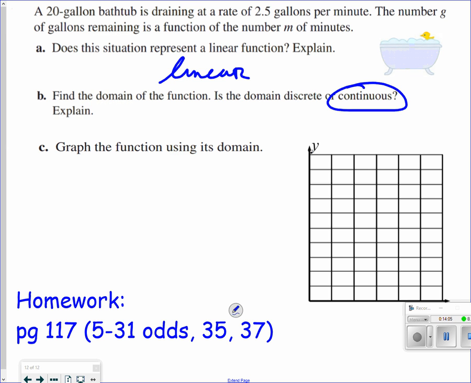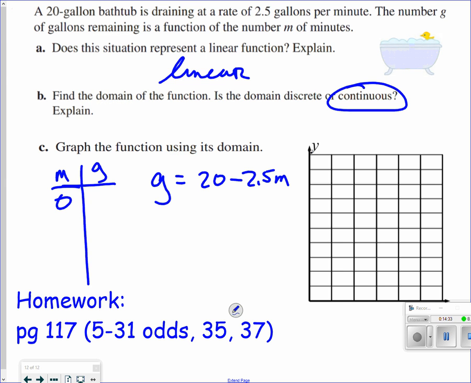So if I did a function here, we have a 20-gallon tank, 2.5 gallons per minute. So gallons in the tank is 20 minus 2.5m. So I had 20 gallons minus 2.5 each minute, so that's how many gallons are in the tank. So if I don't pull the plug, so minutes, gallons, if I don't pull the plug, I have 20 gallons in the tank.